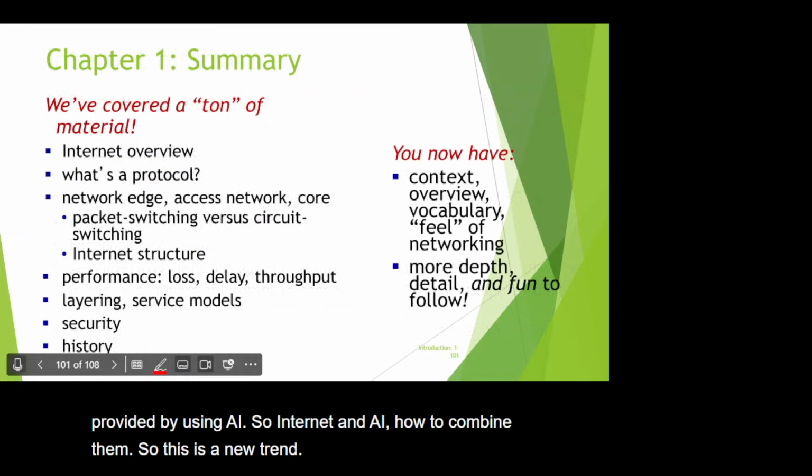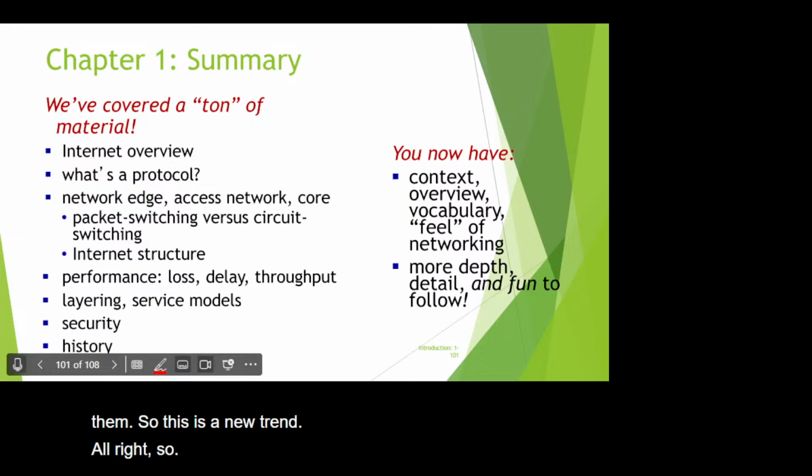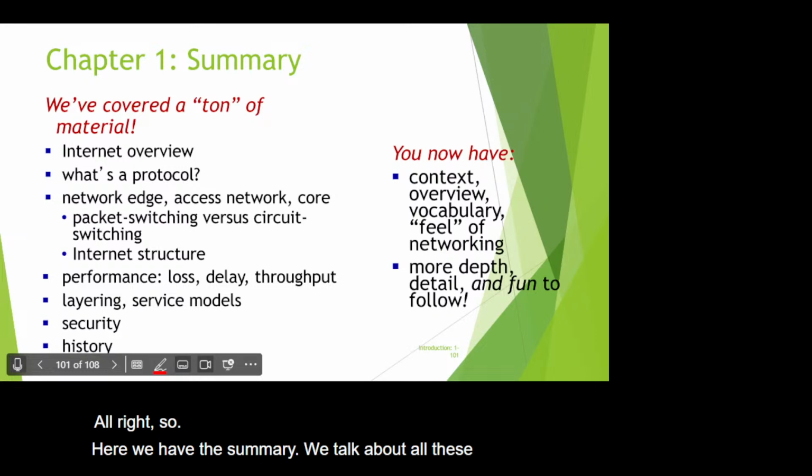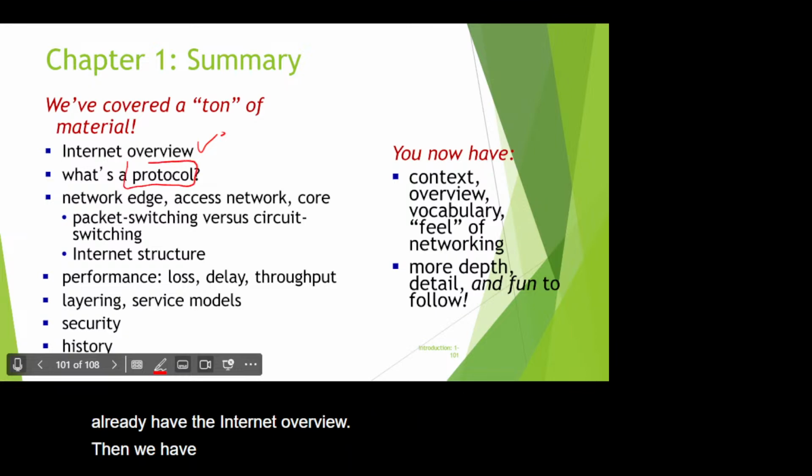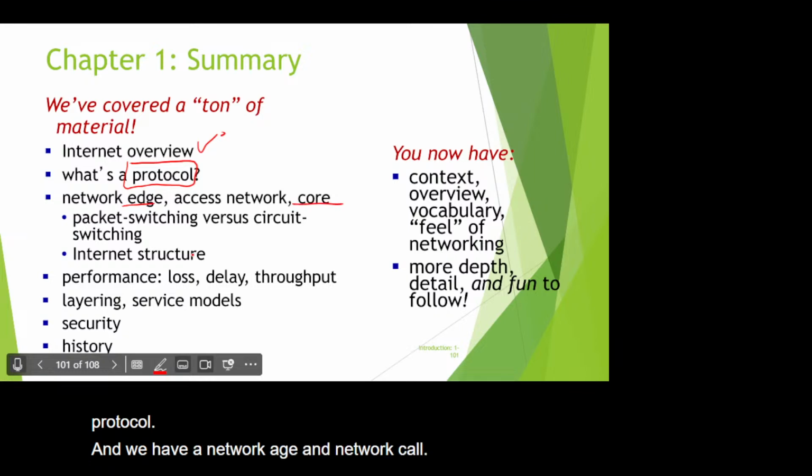All right, so here we have the summary. We talk about all these. We already have the internet overview. Then we have a short discussion talking about protocols, and we have the network edge and network core. And we check performance.